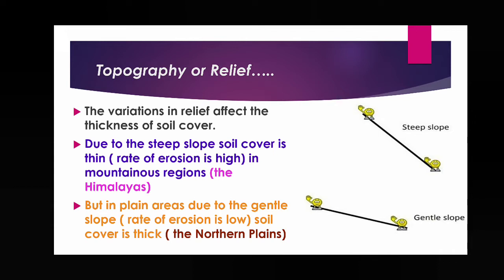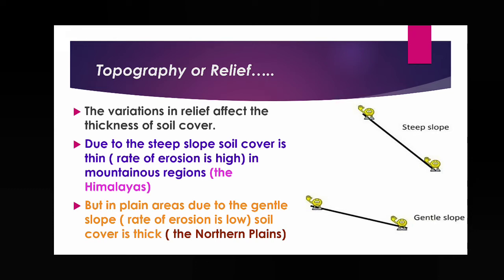For example, the mountainous region in India is the Himalayan region, and the plain area is the northern plain, where you can do crop cultivation. Why? Because here the soil thickness is more, soil quality is good, because erosion is less. Why? Due to the gentle slope. But in steep slope areas the erosion is more, that's why the maximum soil layer is washed away by the water, that's why it cannot help you in crop cultivation.